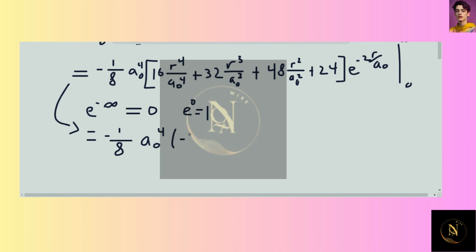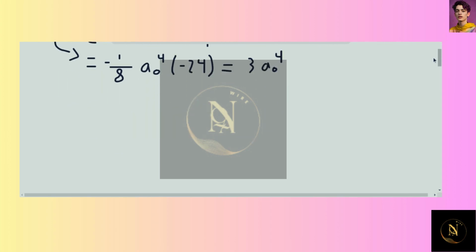Negative 24, because it's the infinity value minus the value at r equals 0, so that 24 becomes a negative 24. Or in other words, this equals 3 times a naught to the fourth. So now I have that value.